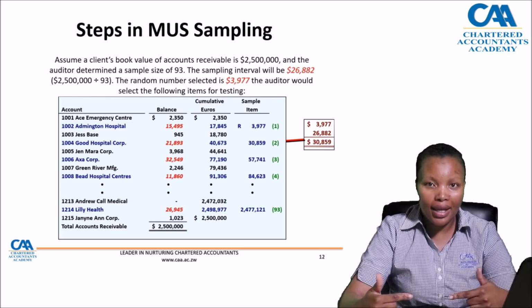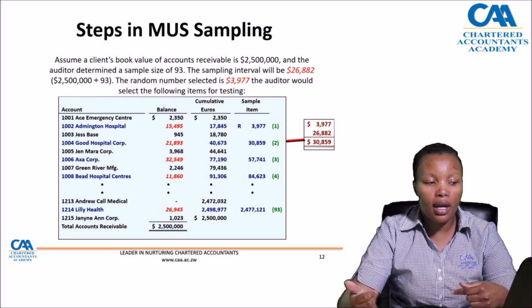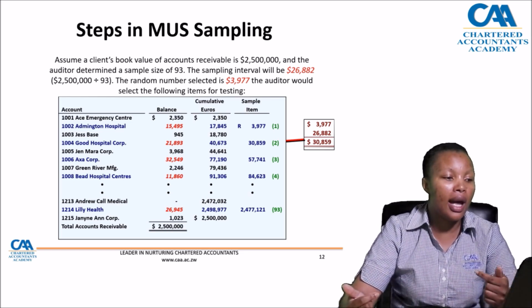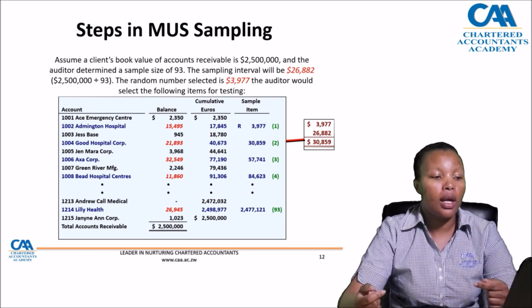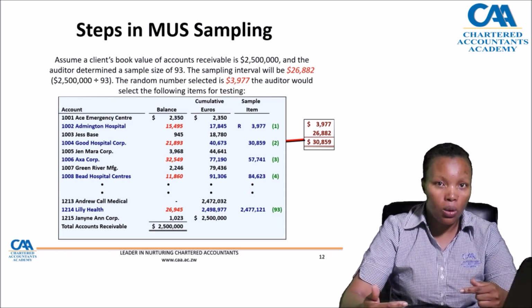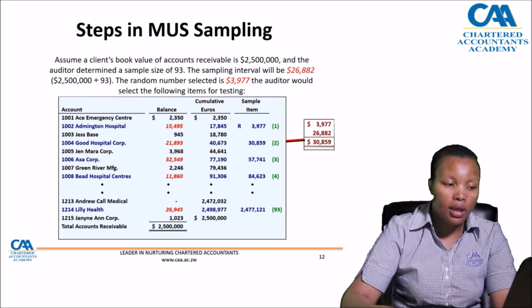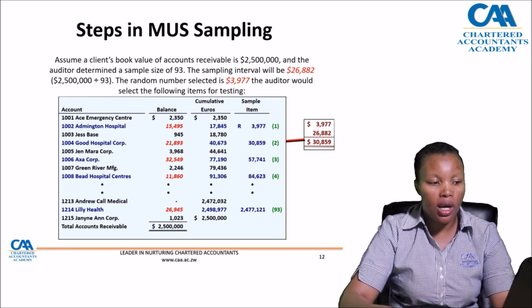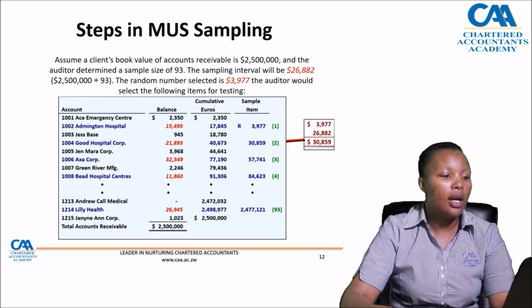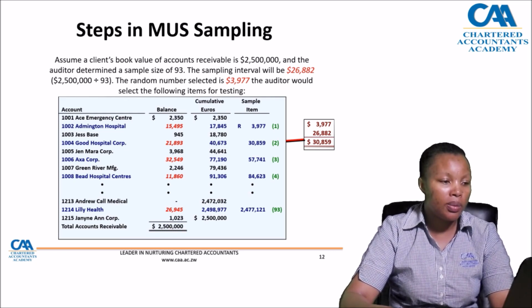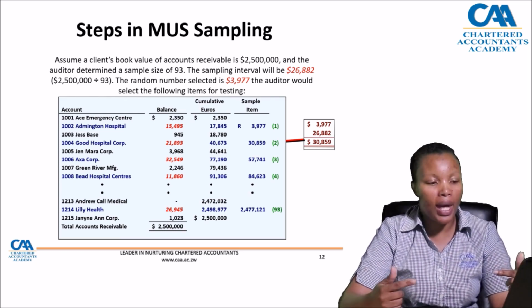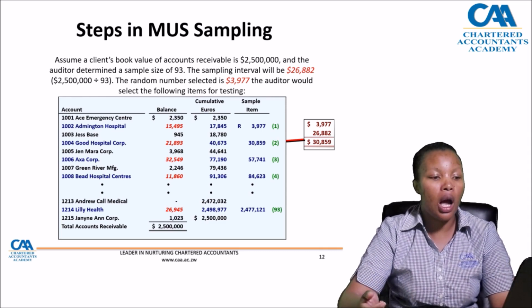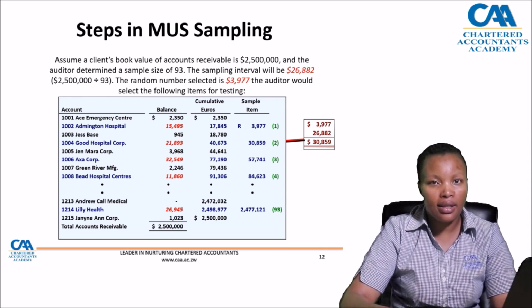So we go to the next account, and our next account is Addington Hospital. And cumulatively now, if we add the amount owed by ACE, which is 2,350, and the one that is owed by the hospital, which is 15,495, when we add the two cumulatively, our amount is now sitting at 17,845.